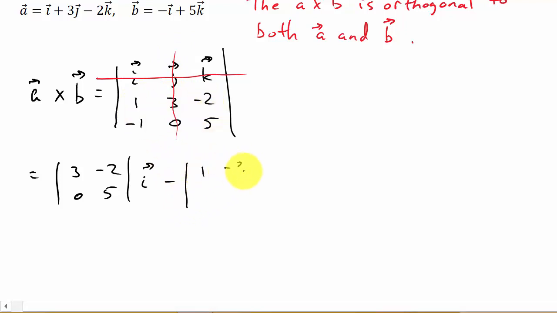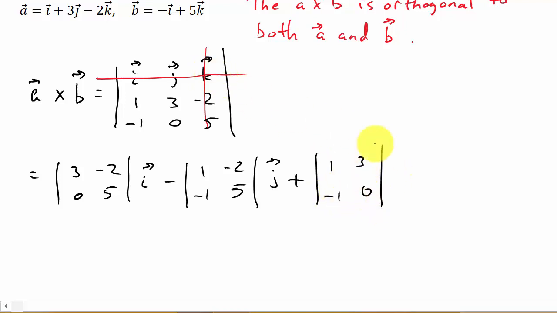So 1, negative 2, negative 1, 5 times vector j plus, now let's take out the third column. So that's going to be the determinant of this, which is 1, 3, negative 1, 0 times vector k.